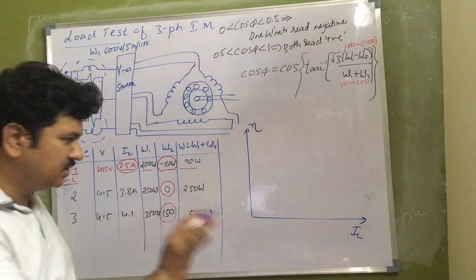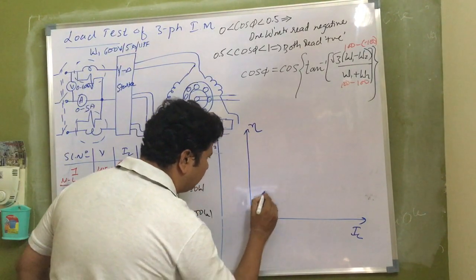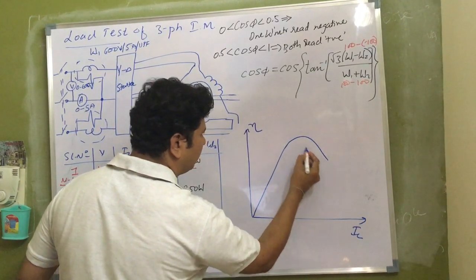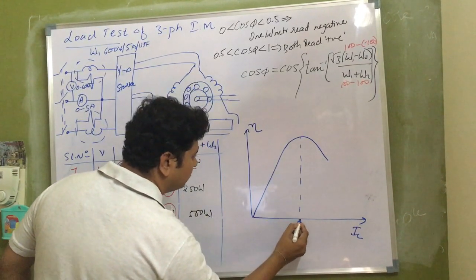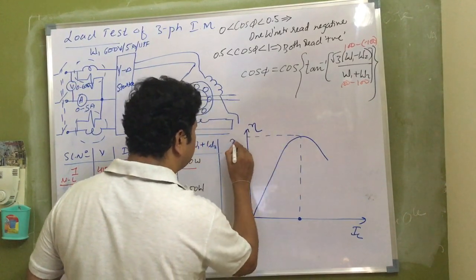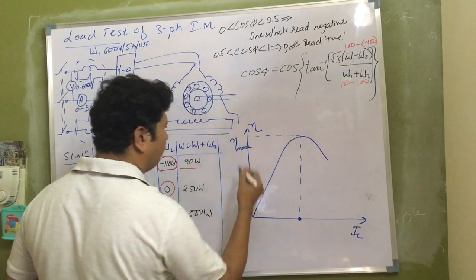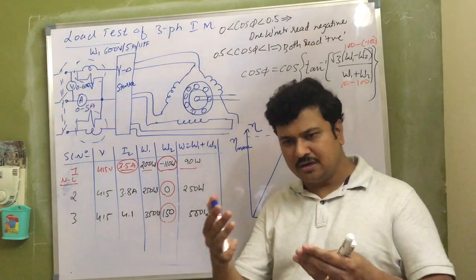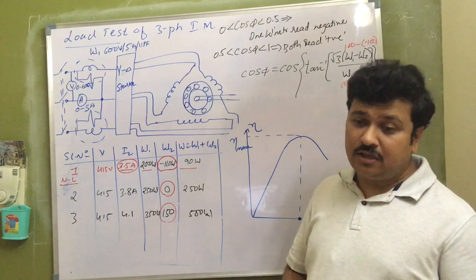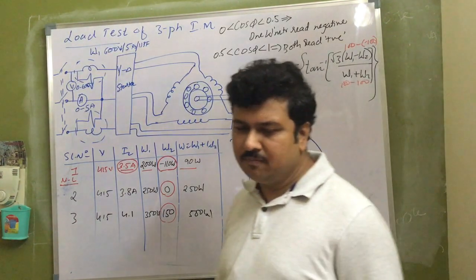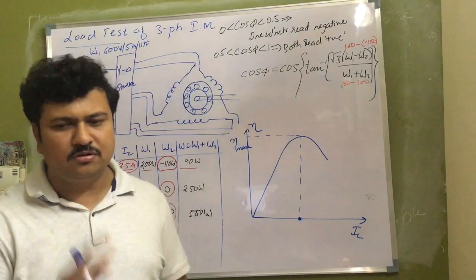This is load. It will slowly increase. Initially it will be linear, then it will take a curve, and afterwards it will decrease. So this is the maximum efficiency. Maximum efficiency of any machine always occurs at a load factor less than 1, because maximum efficiency will occur not at full load but before full load.